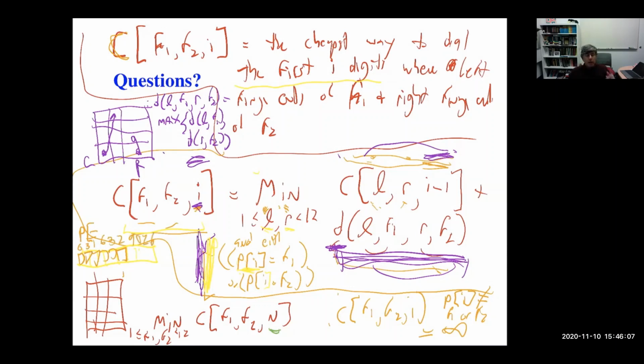If I'm going to dial that phone number, for a given value of i, I want to find the cheapest way to dial the first i digits where my fingers end up on the keys, 9 on the left and 3 on the right. Let's say that that's what I wanted to know.